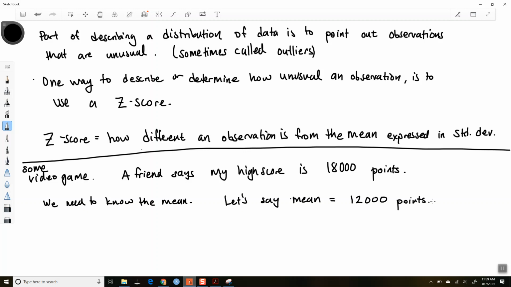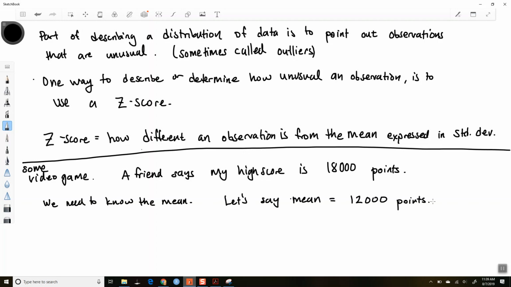Now, if almost all players score between, say, 7,000 and 17,000, and very few players score above 17,000, then we can say, yeah, your score of 18,000 is impressive, okay?